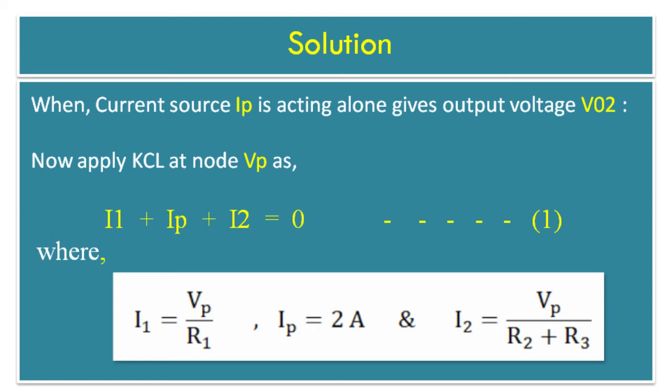Now find output voltage V02. Apply KCL at node VP, which gives the equation: current I1 plus current IP plus current I2 is equal to 0, represented by equation 1, where I1 is equal to voltage VP upon resistor R1, IP is equal to 2 ampere, and I2 is equal to voltage VP divided by R2 plus R3, calculated using the previously studied circuit diagram.